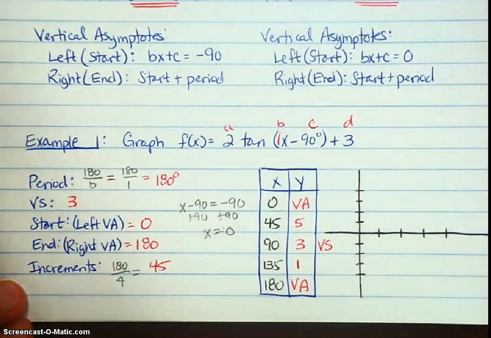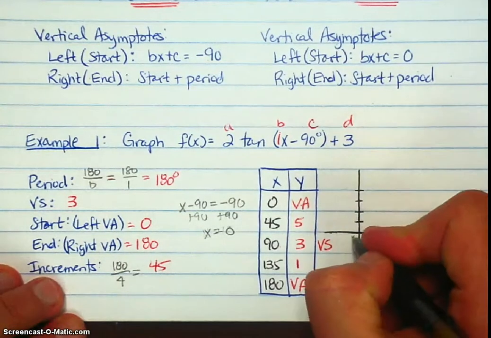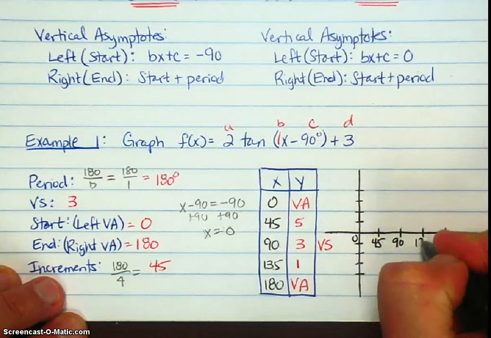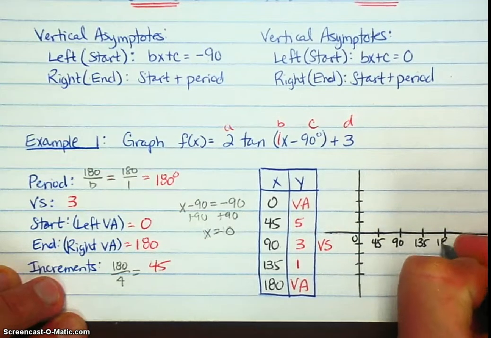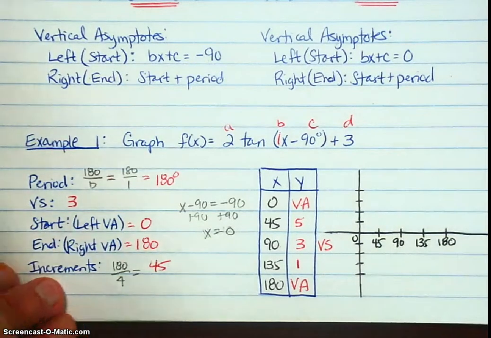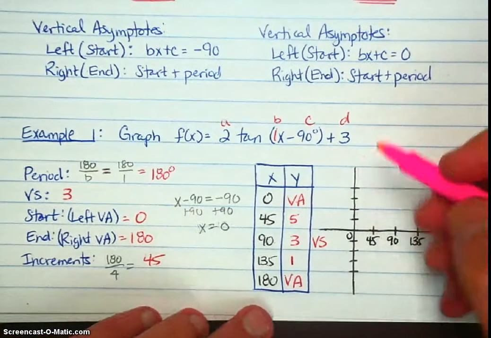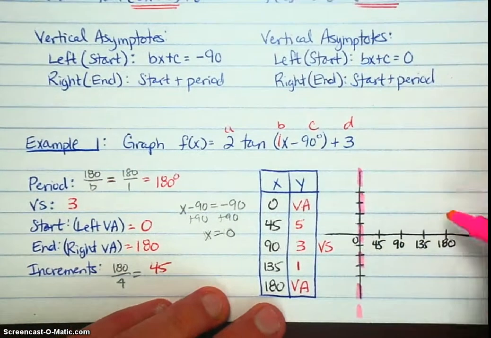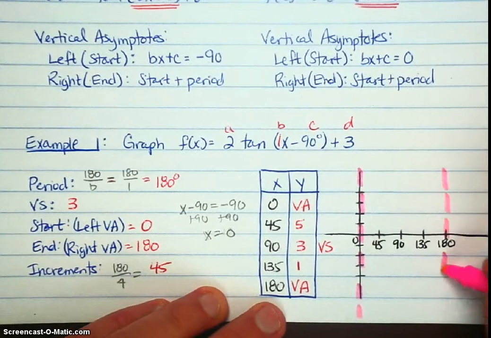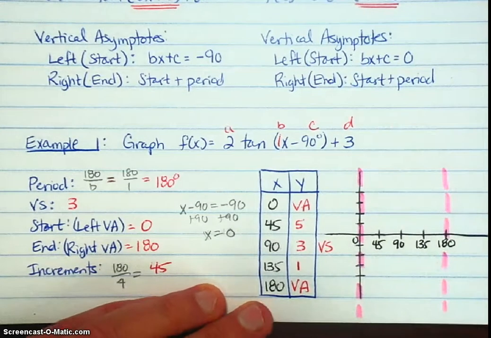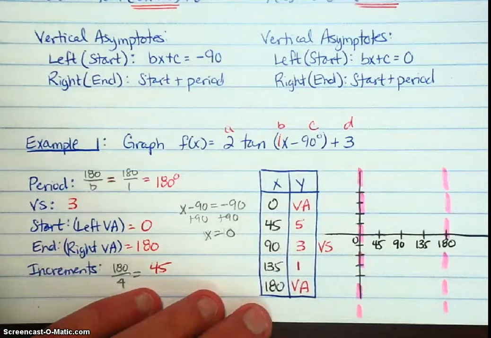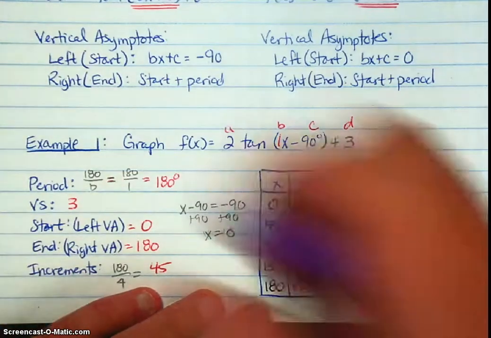And now, all we need to do is to plot our points. So we know we have 0, 45, 90, 135, and 180. And I know that 0 is a vertical asymptote, and 180 is a vertical asymptote. Okay, and then this middle point, 90, is sitting right in the middle of my graph.